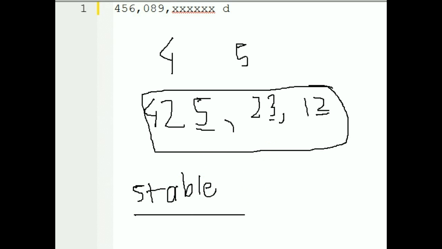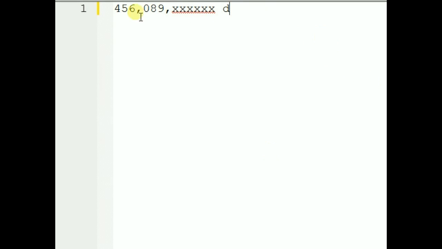Okay, let me clear this. Let's suppose the elements of the array are, let me try in this way: 5, 10, 2, 1, 3, 4.